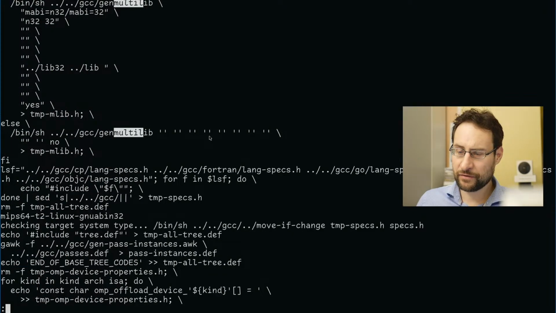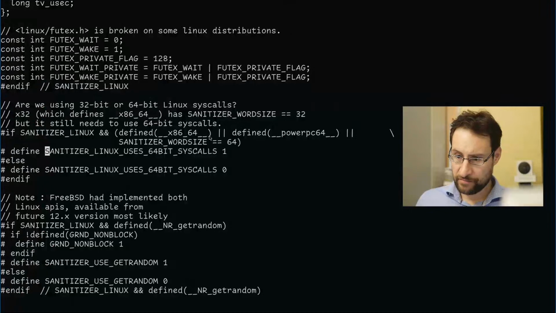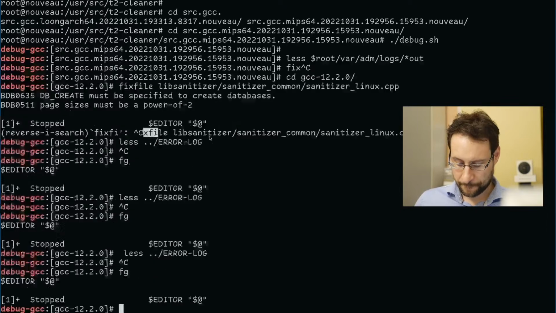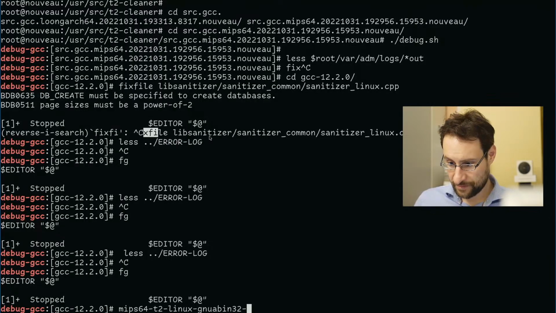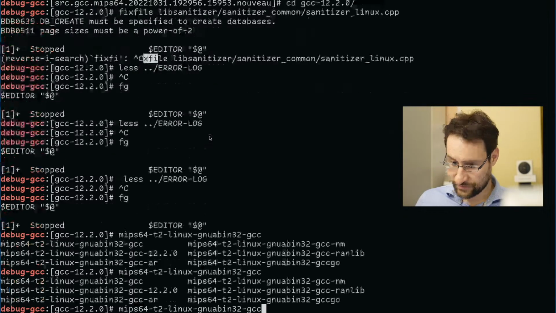So yeah, we have N32. N32, so maybe N32 doesn't have that. There is or defined. Let's MIPS that, GCC.